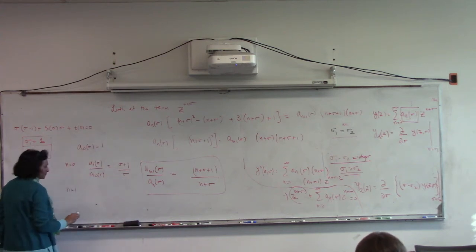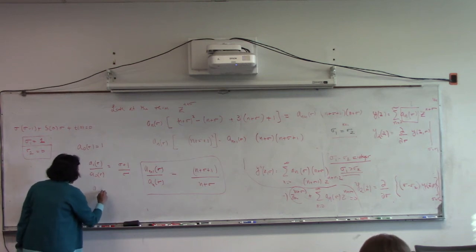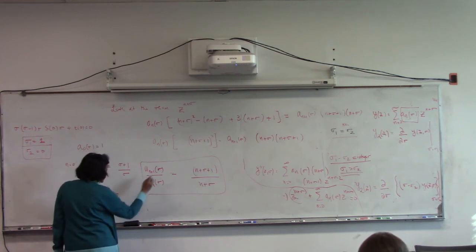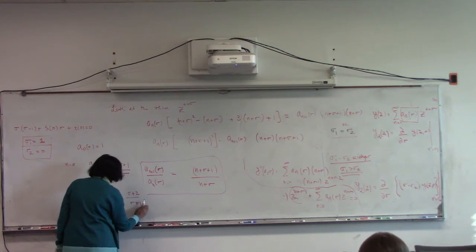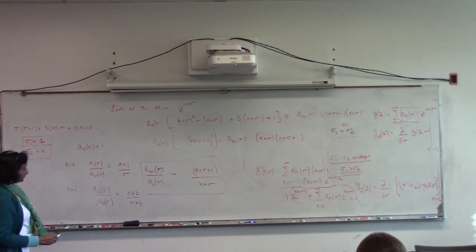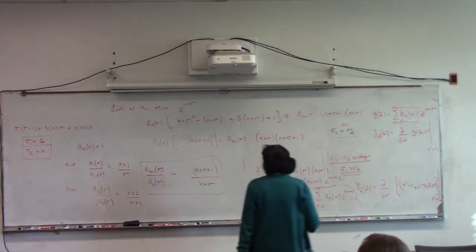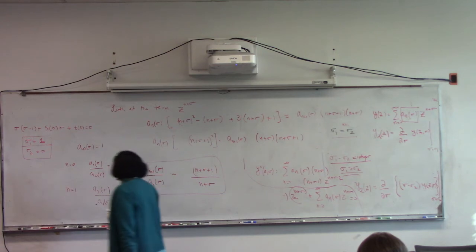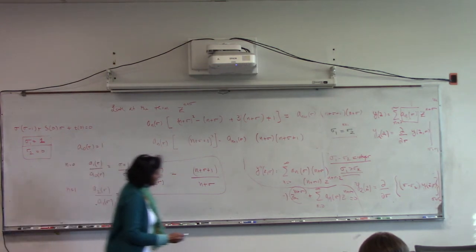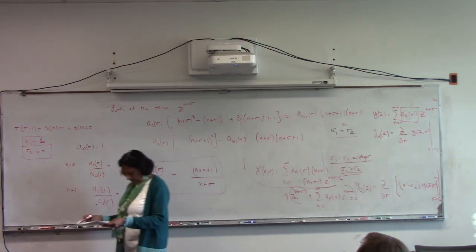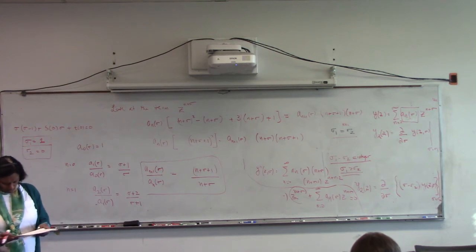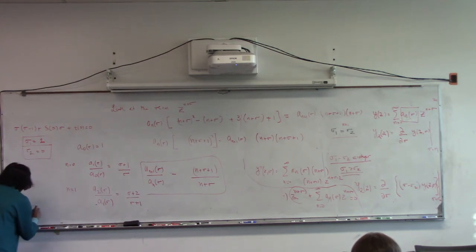For n equal to 1, I'll have a_2(sigma) over a_1(sigma), sigma plus 2 over sigma plus 1. All right. So if I wanted a_2 or a_0, can you guess what this term will be like?